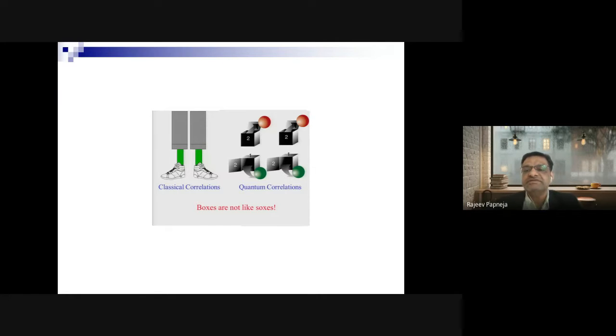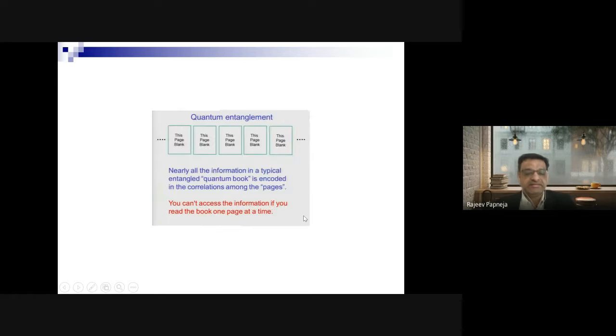But suppose it's a quantum book where each page is a quantum system in itself and the pages are highly entangled with one another. Well, then if you look at the pages one at a time, we just find some random gibberish with no information content there, because the information is actually encoded in the book, but we cannot perceive that information by looking at the pages one at a time.